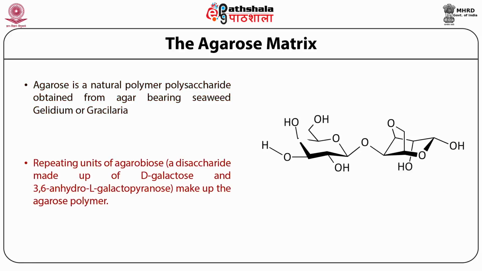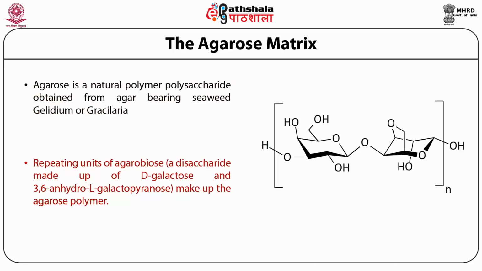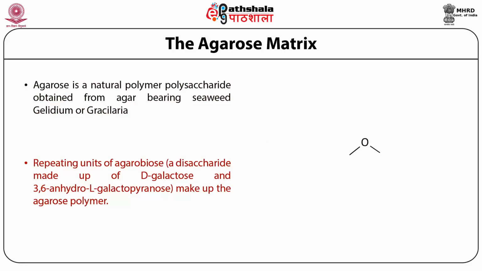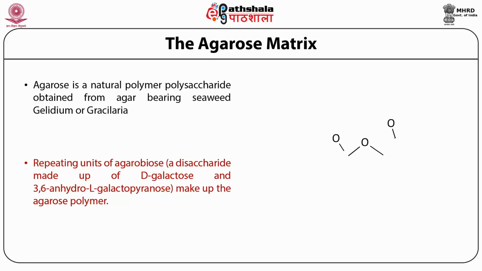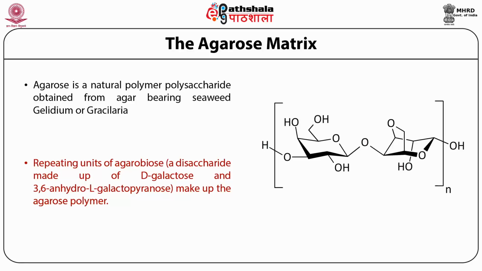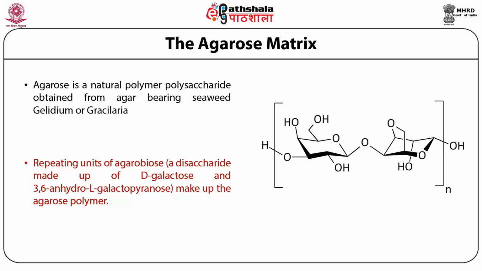The repeating unit of the agarose polymer is agarobiose, which is a disaccharide made up of D-galactose and 3,6-anhydro L-galactopyranose. The linear polymer consisting of alternating D-galactose and 3,6-anhydro L-galactopyranose is linked by alpha 1,3 and beta 1,4 glycosidic bonds and has a molecular weight of about 120,000 Dalton.